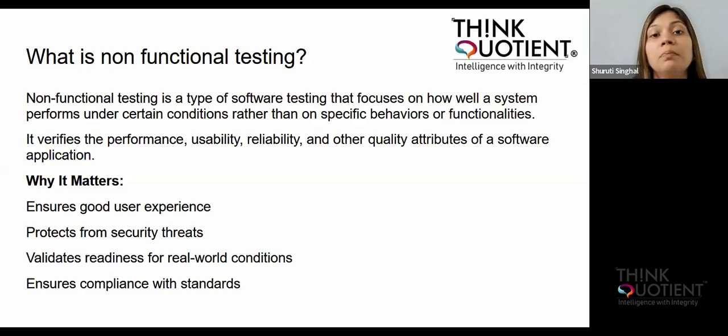We also check the compatibility of the system in various environments. We also check whether the system is easy to use and whether it is accessible to the client or not. There are various types of non-functional testing available, like performance testing, load testing, stress testing, scalability testing, usability testing, and so on. We will discuss them later.